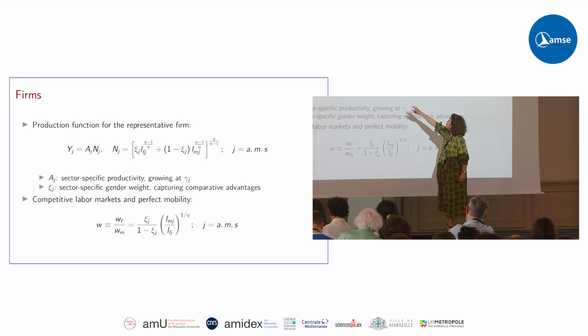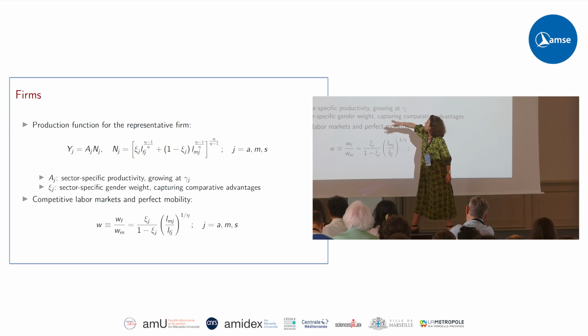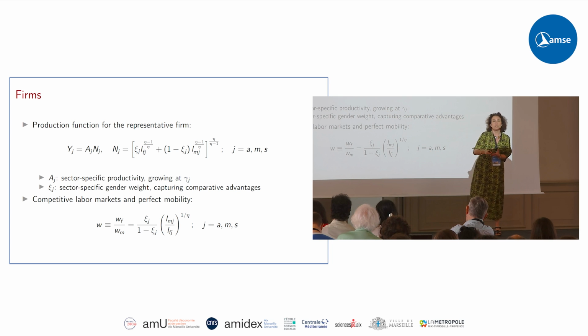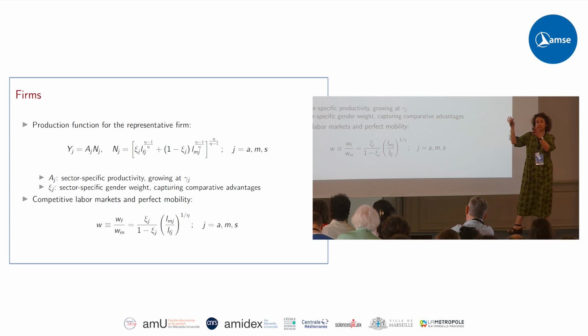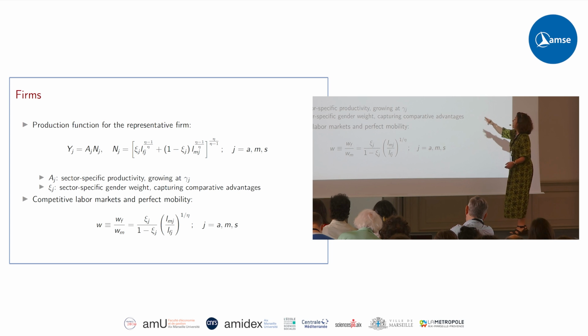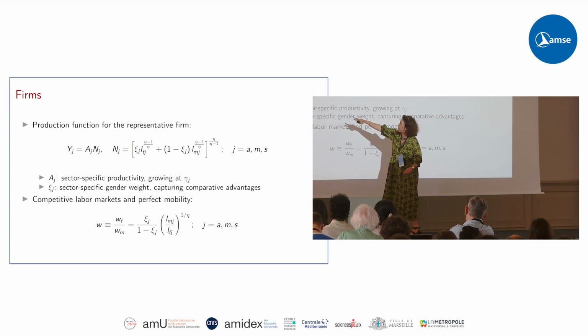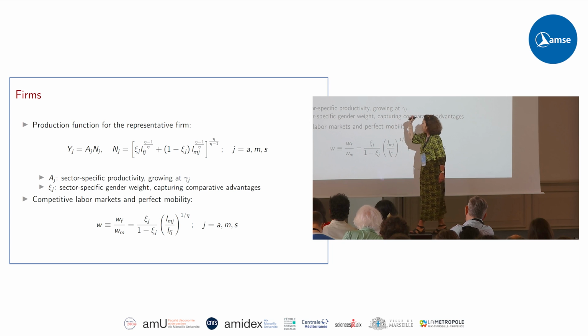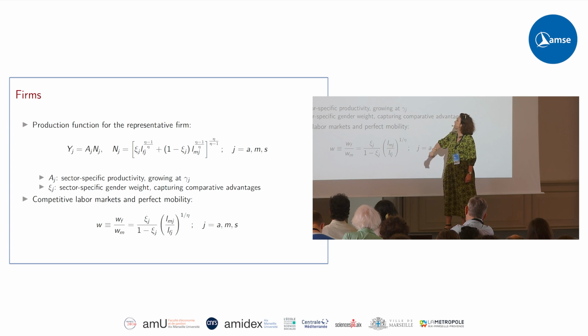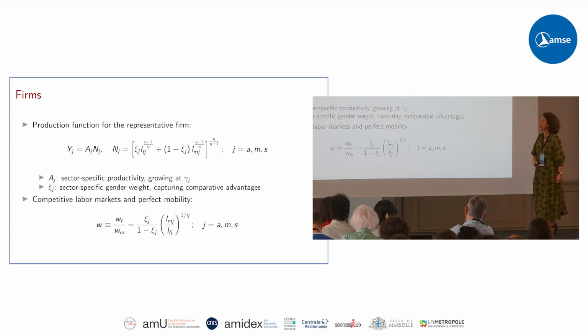Then labor is a CES aggregator of female labor and male labor, where XI represents the technological parameter associated to women in sector J, so this can represent comparative advantages, sector intensities, even social norms, and eta is the elasticity of substitution. So remember, this AJ parameter is growing at a sector-specific rate, gamma J. And psi J are sector-specific gender weights.